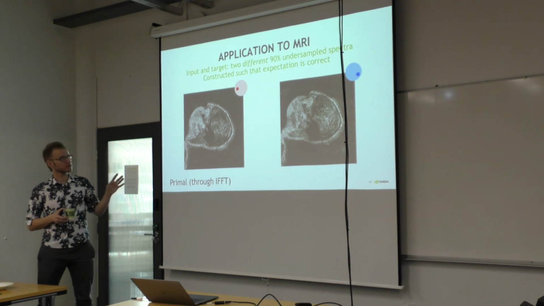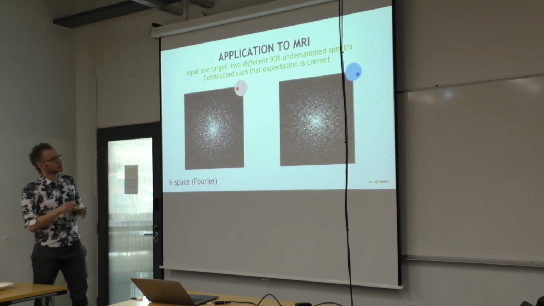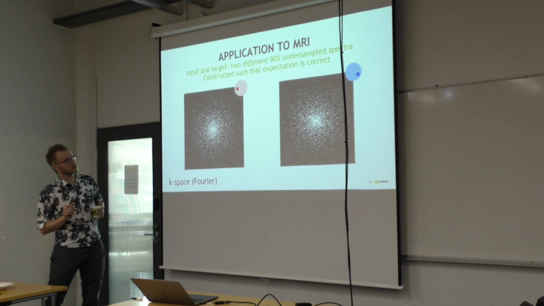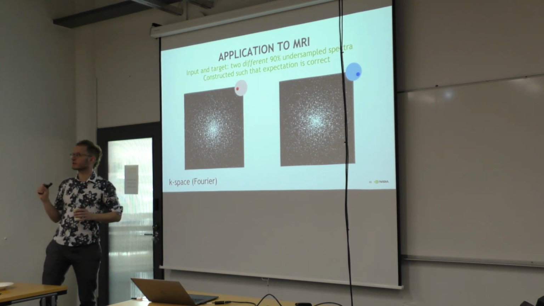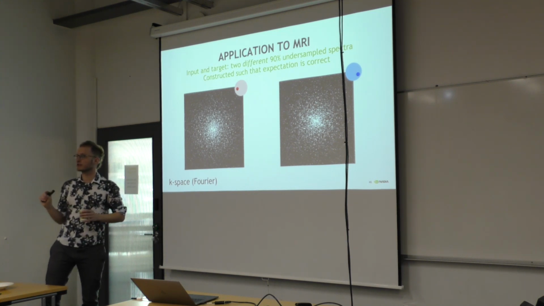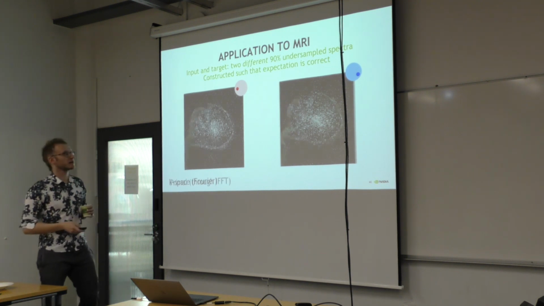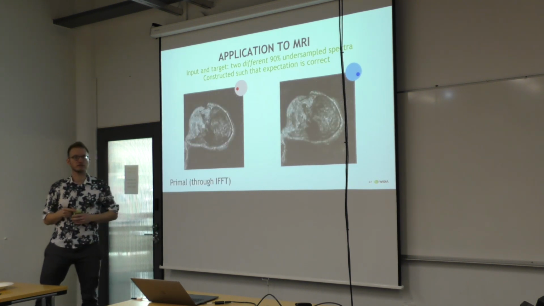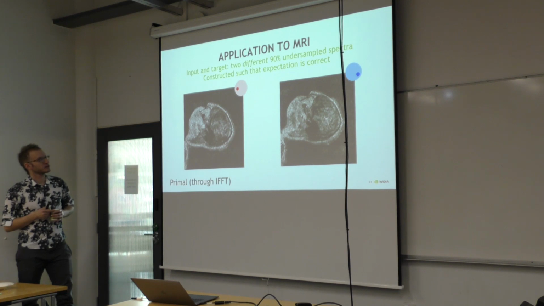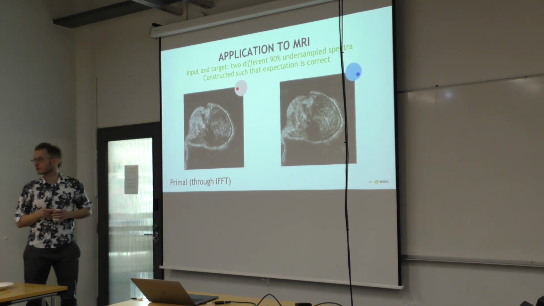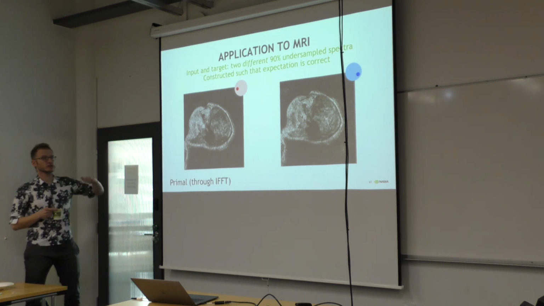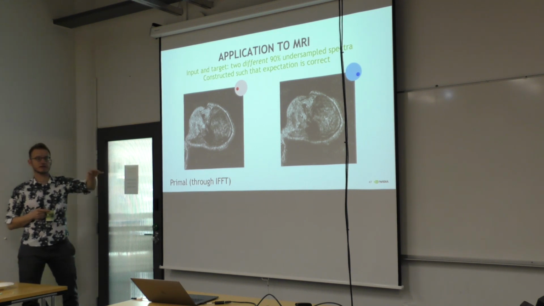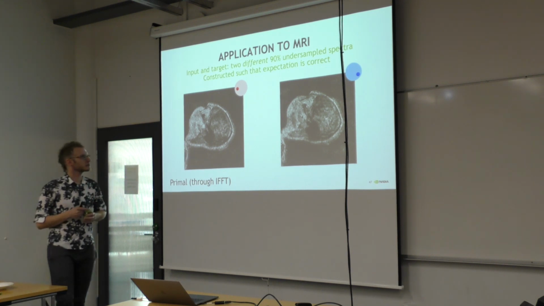Of those point sampled spectra, in each one of these, only 10% of the frequencies are actually retained. 90% of the information is lost by this selection process. And so these are the images that I get if I just do an inverse FFT from that undersampled spectrum into the primal domain.